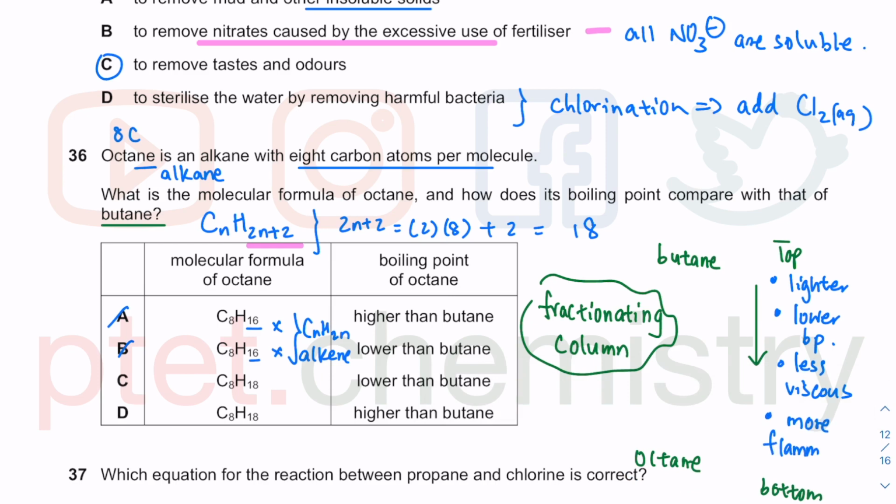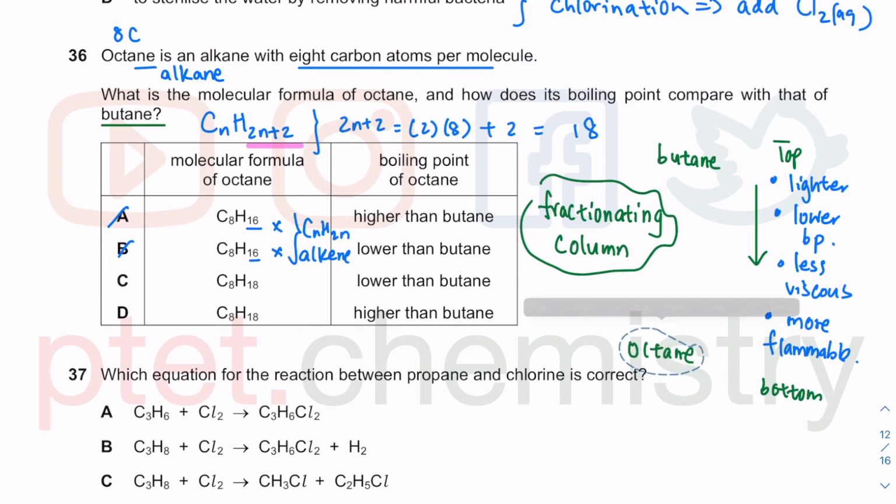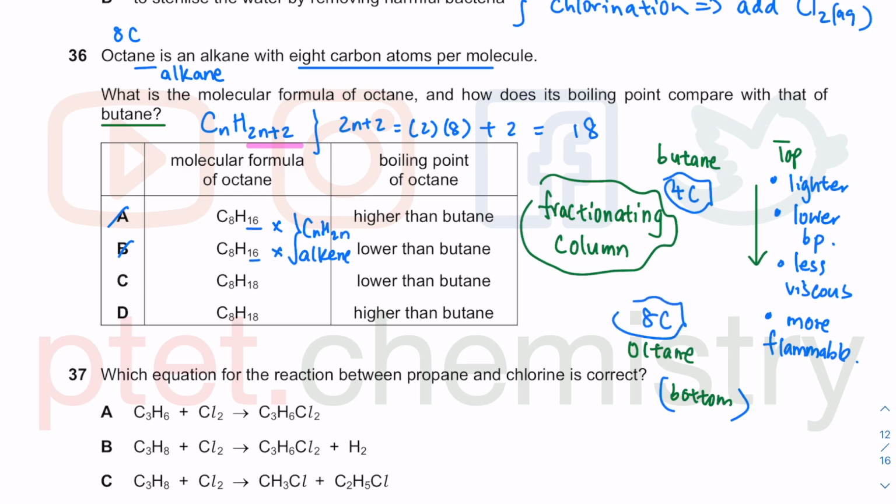These are all properties as stated in the particular topic. And it's true for the fractions further up at the top in the separating technique, which is fractional distillation, the fractionating column, as we do fractional distillation of crude oil. So butane has a shorter number of carbons. This is just a 4 carbon chain. This is an 8 carbon chain in a molecule. So 4 carbons versus 8 carbons. The longer the chain, the stronger the intermolecular force.